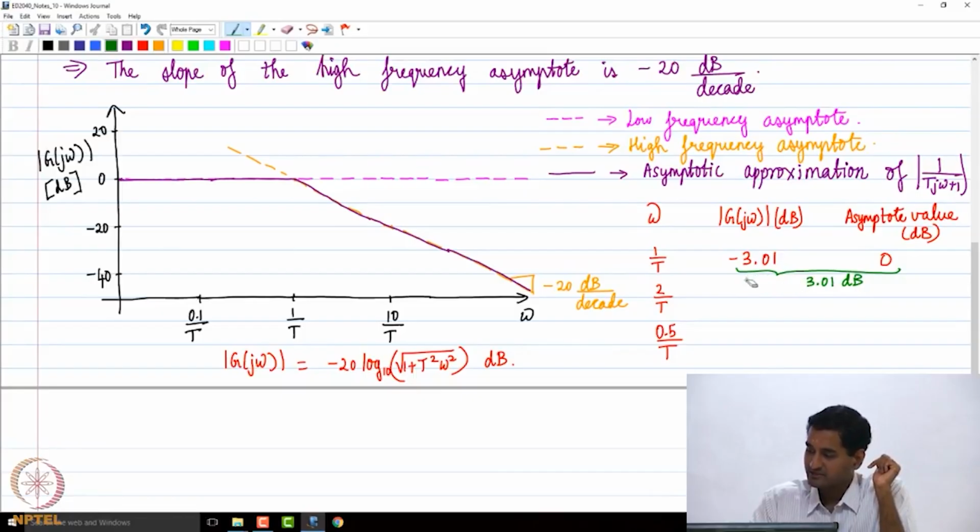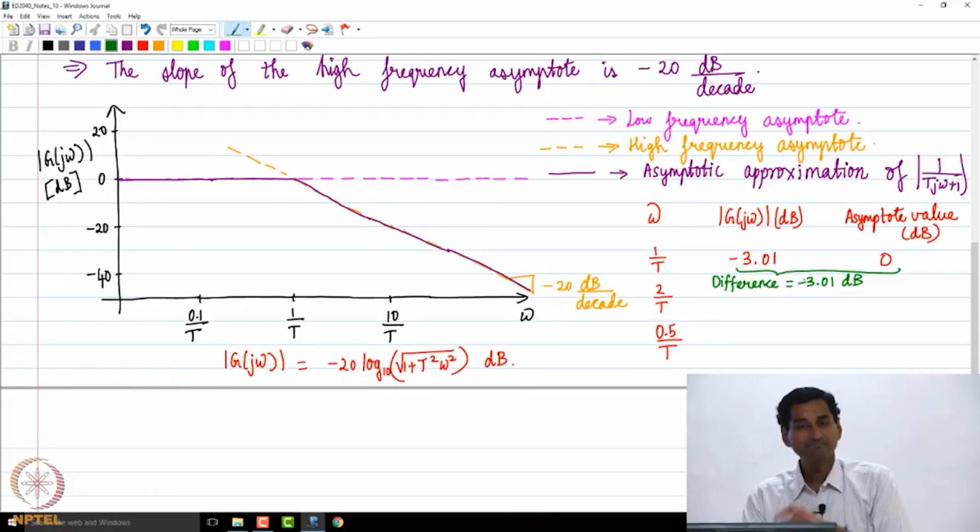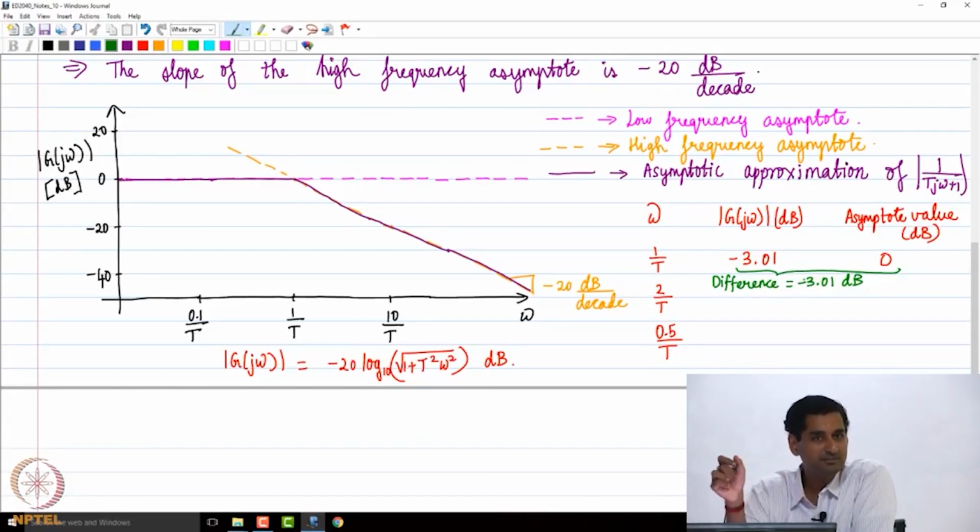Sorry, let me write it clearly. So the difference is going to be minus 3 decibels. Do you agree? Obviously between the asymptotic approach and the actual curve, you are going to have minus 3 decibels.